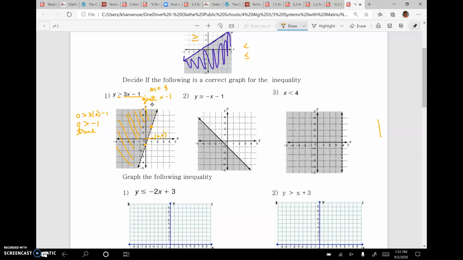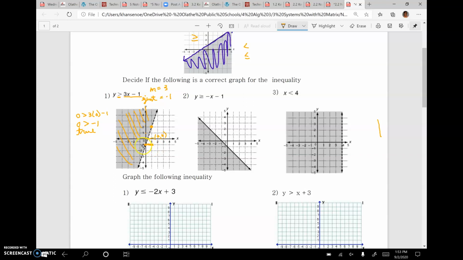Okay? The other way you guys can decide for greater than. I think this is easier, but you guys do what you think is easiest for you. So on this graph, I would say, okay, my y-intercept is at -1 right here.